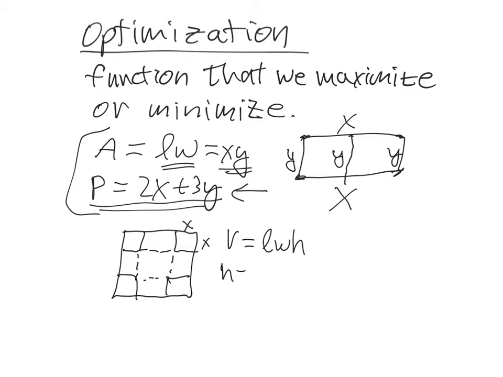h would actually be represented by x. And then we would be given the size of our initial sheet of cardboard. Maybe it's 10 feet by 12 feet. That'd be a pretty big box by the time we get done. But what do we do with the 10 and the 12 once we're looking at the volume of this box?